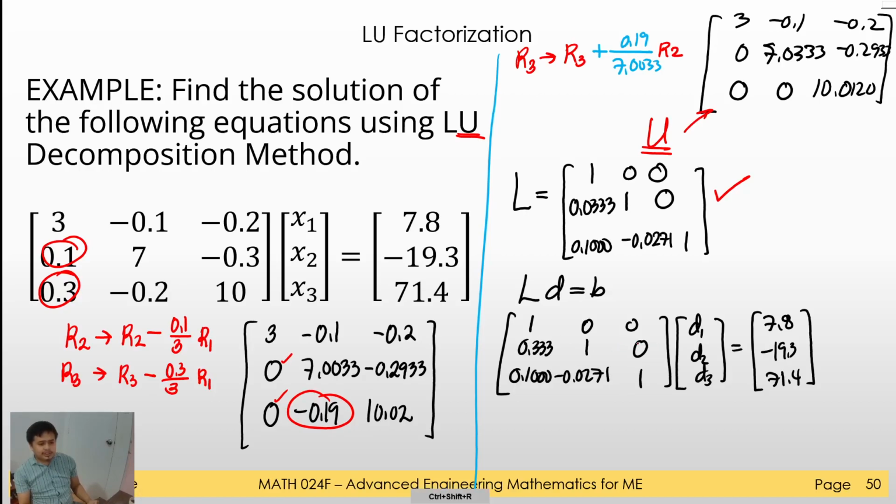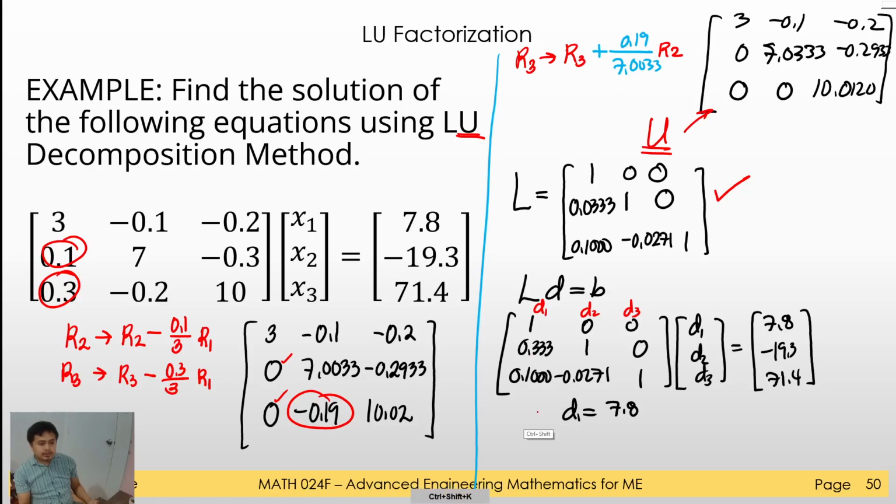Okay, so forward substitution, we already have a solution for D1. D1 is equal to 7.8, as you can see. So we have 0.333 D1 plus D2 is equal to negative 19.3.